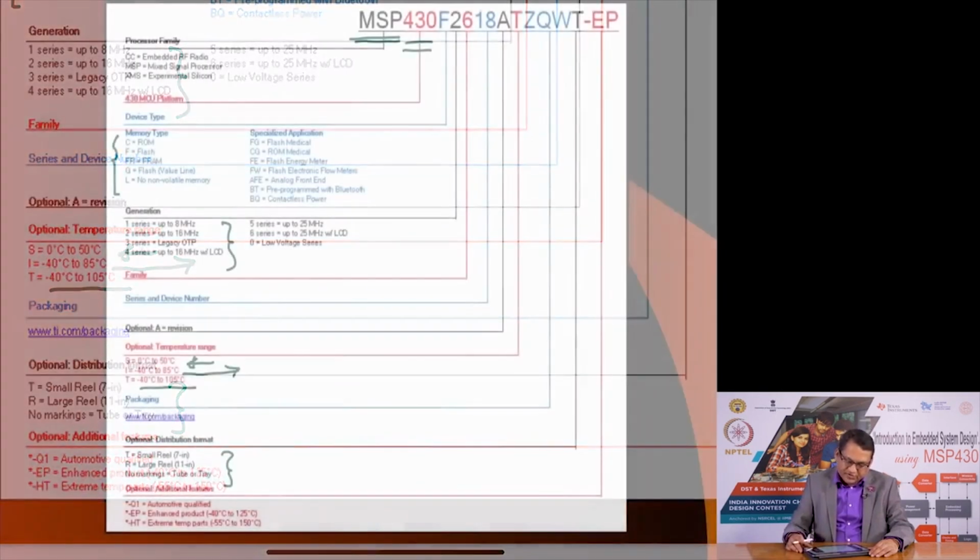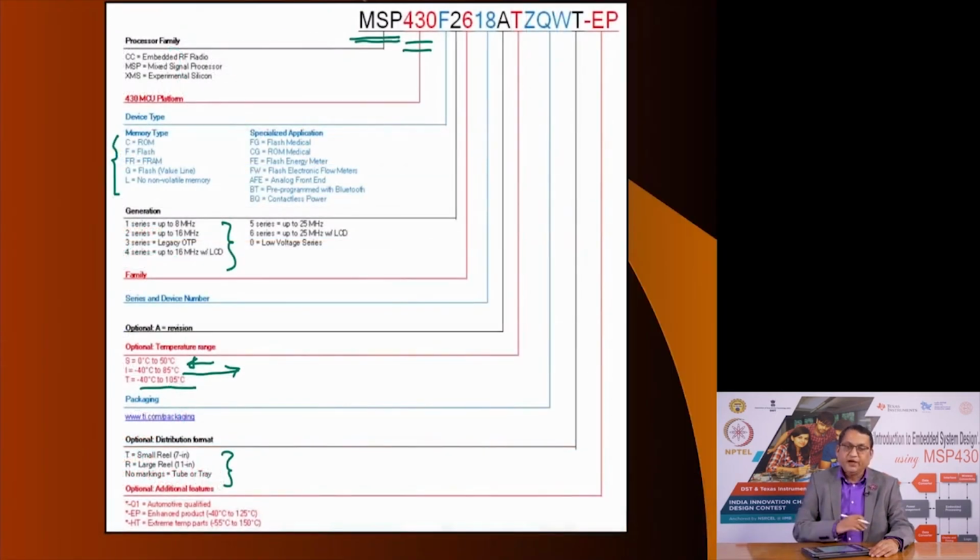So, this gives you an idea of how to interpret the complete part number for this series of microcontrollers. When you go to the Texas Instruments website, which is incidentally www.ti.com, you could search for MSP430 microcontrollers and you would get to know more details about this.